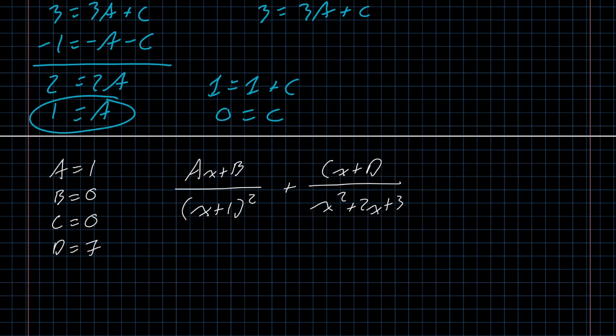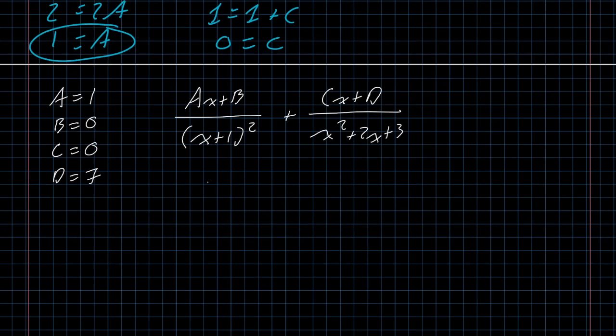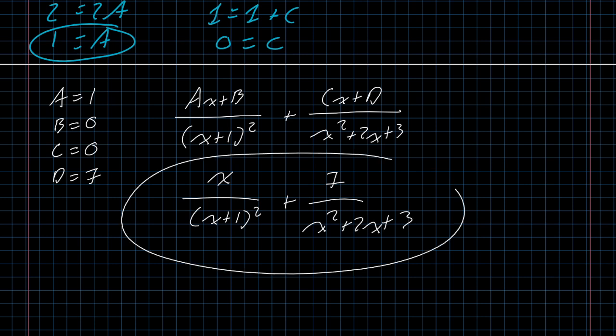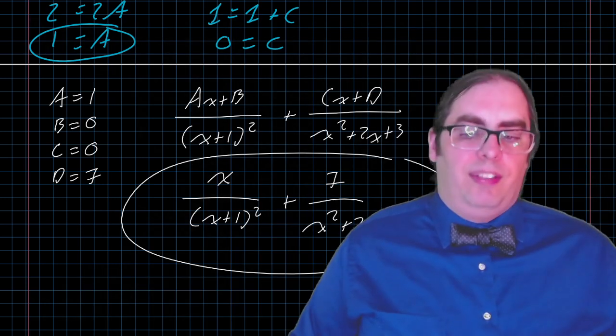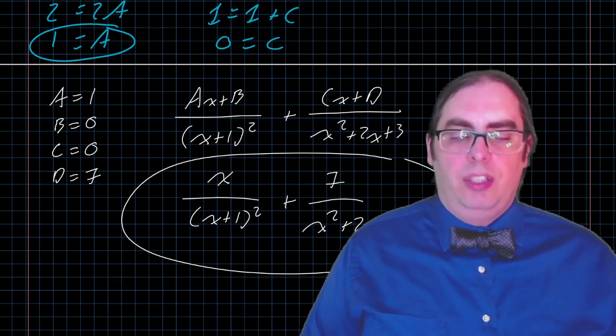Plugging in all the values I just came up with, I have now successfully decomposed this fraction as much as I'm going to be able to. And we can all take a sigh of relief because we finished.